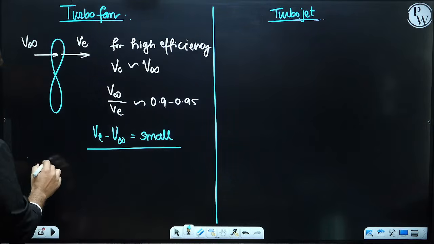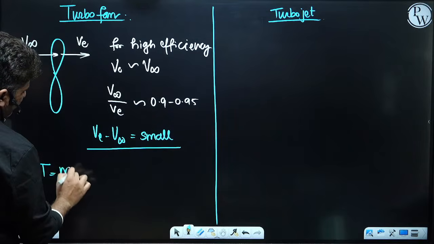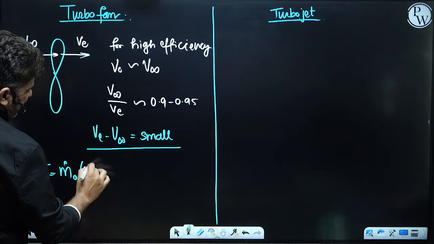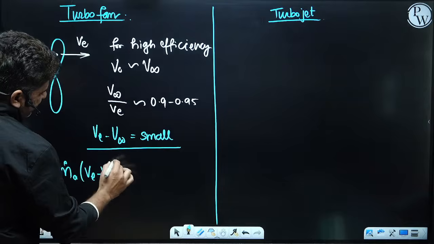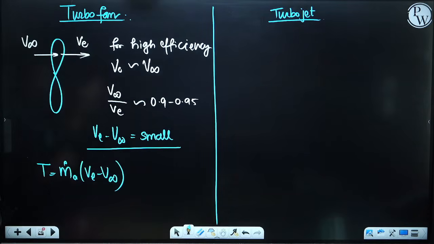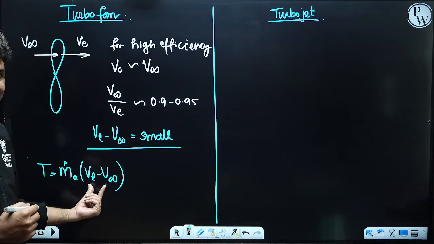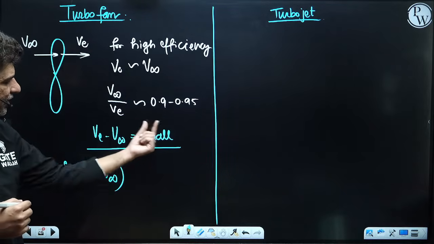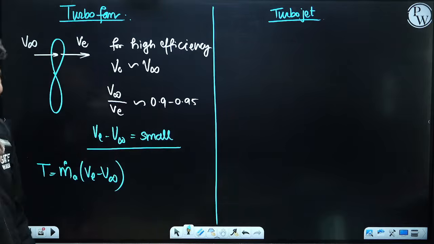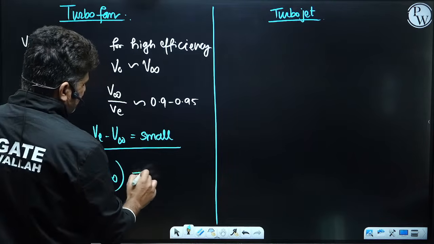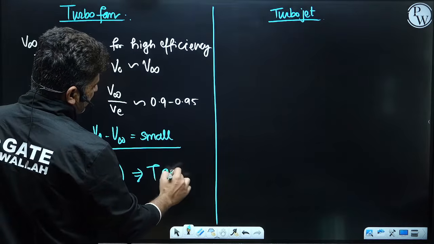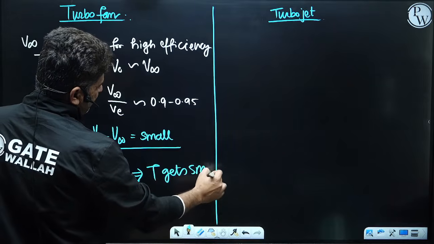The thrust developed in a propeller engine was mass flow rate of air multiplied by V exit minus V infinity. If this becomes small, thrust gets smaller.